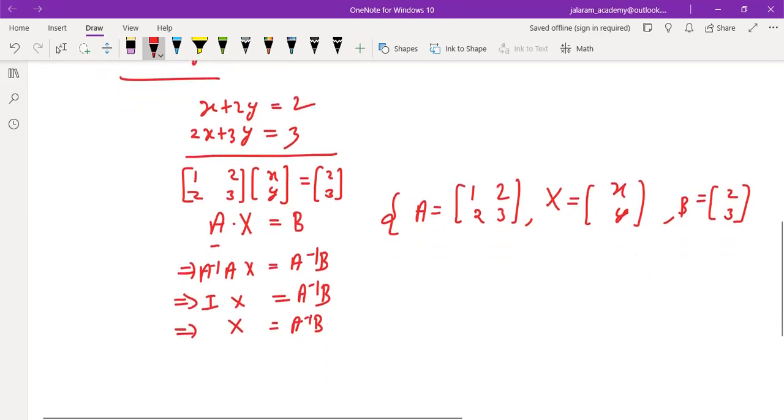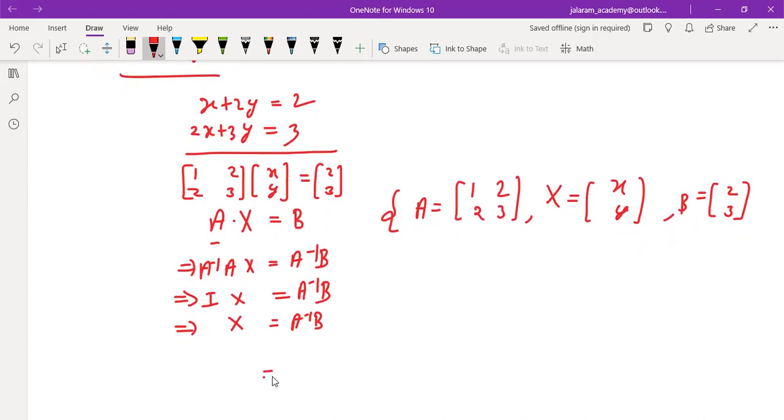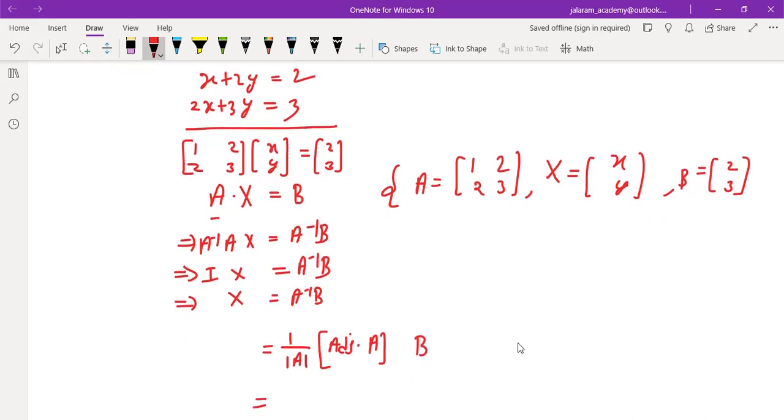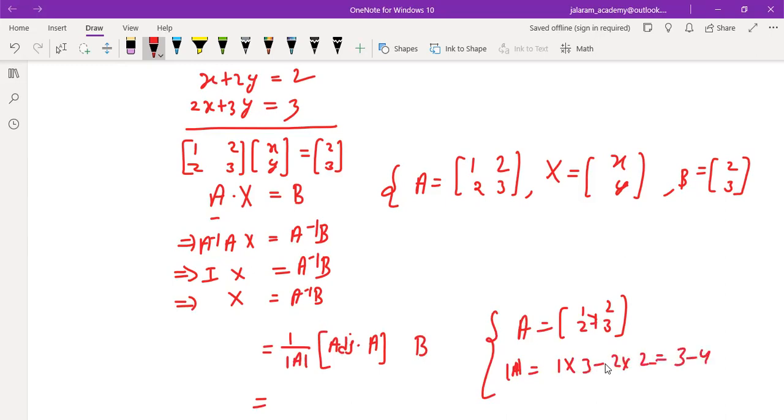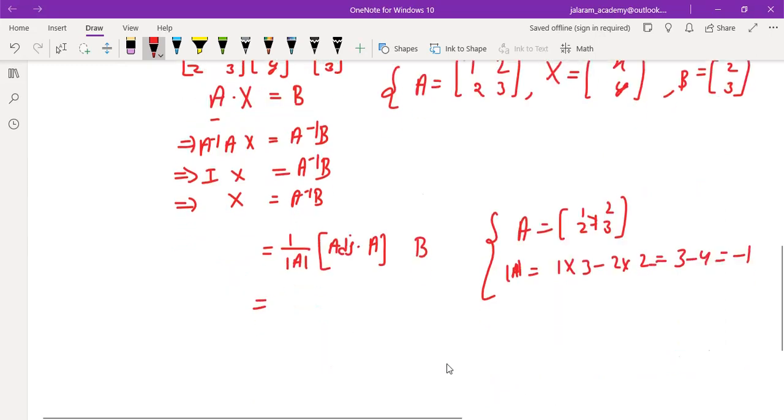Clearly, how to find A inverse? We know that A inverse equals 1 upon determinant of A into adjoint of A, into B. When A equals 1, 2, 2, 3, then determinant of A will be obtained by 3 ones are 3 minus 2 into 2, which is equal to 3 minus 4 equals minus 1.